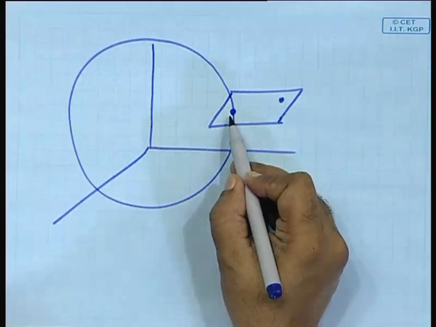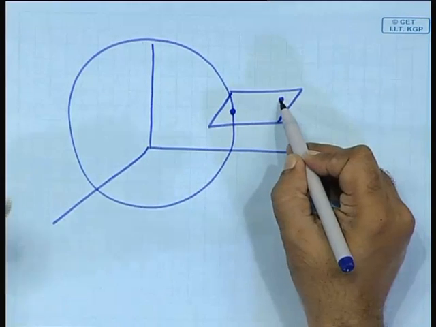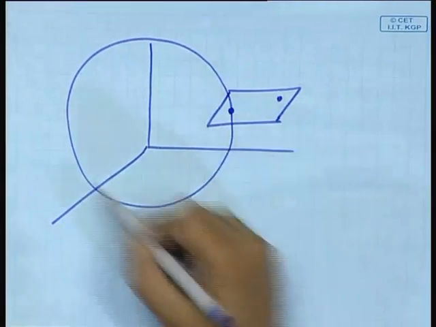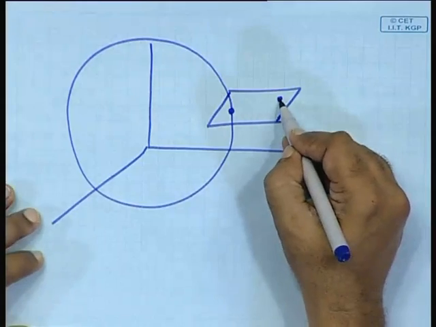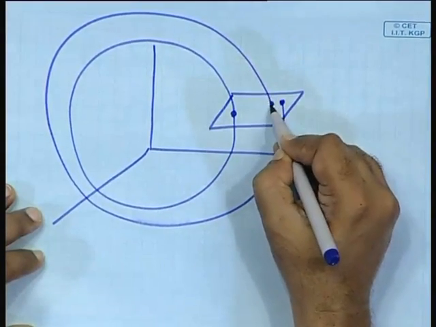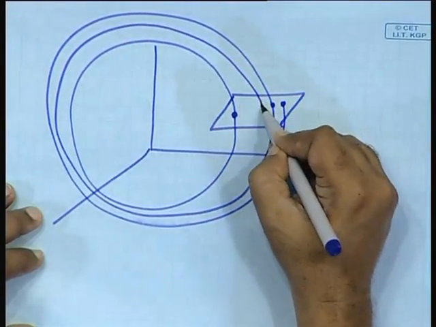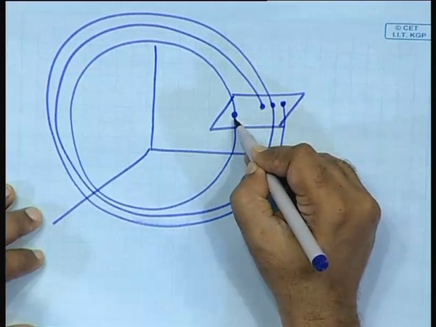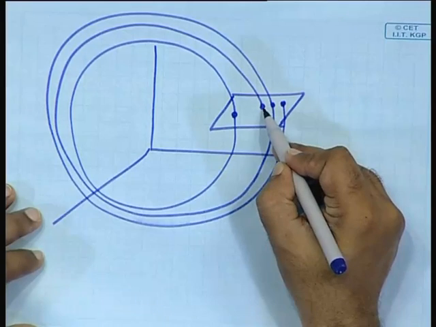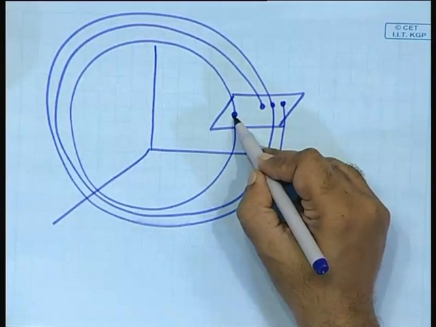If it is a stable limit cycle, then what will happen? Ultimately, starting from any initial condition, you will get closer and closer to this limit cycle, as a result of which you will see piercings that go closer and closer to that, or in other words, you will see a sequence of points on this plane that converge onto this fixed point.